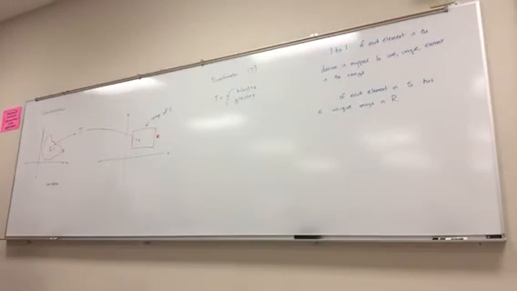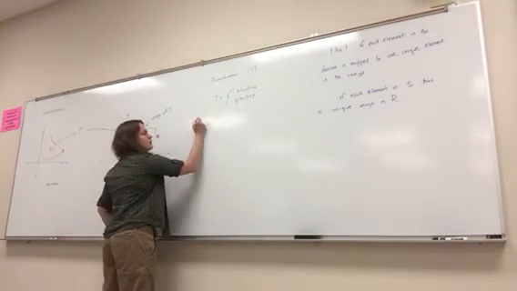Essentially, all this means is that when I map them over, each point in S is going to go to its own point in R. There's not going to be any repeats. If this is true, if this holds, then we say T is one-to-one.